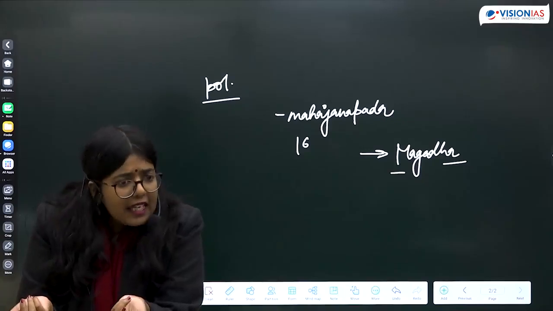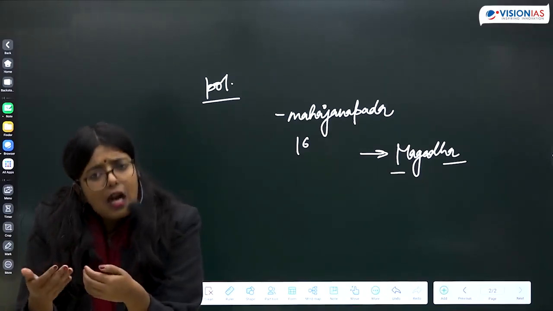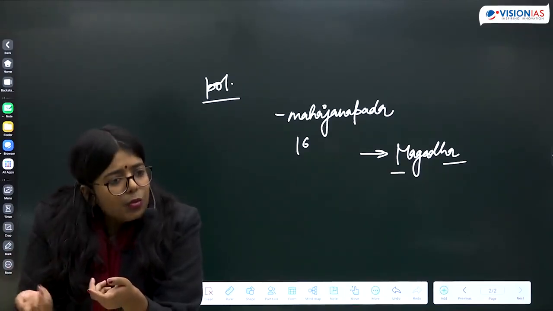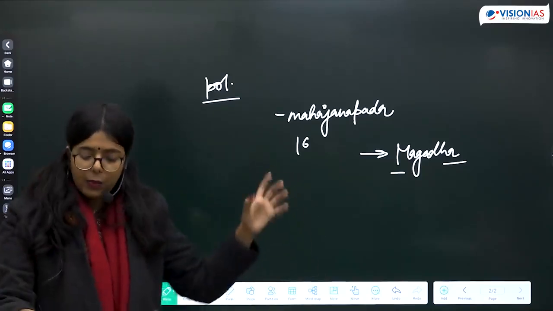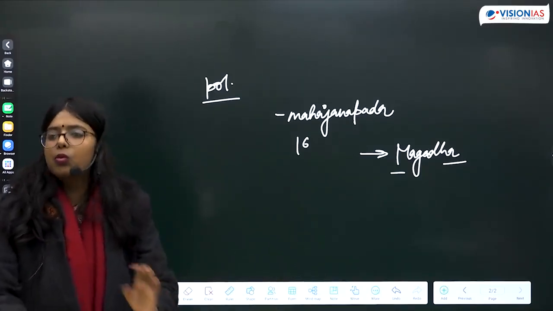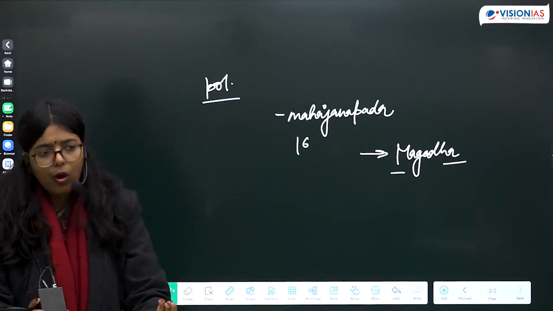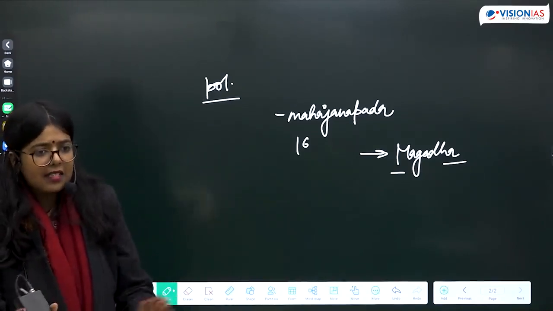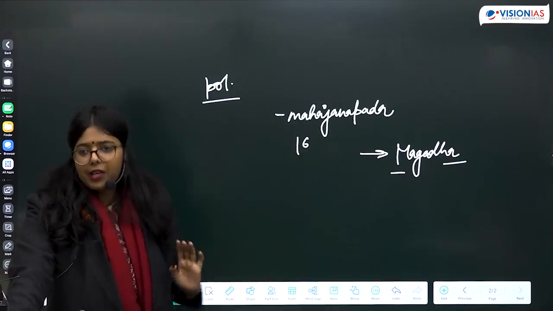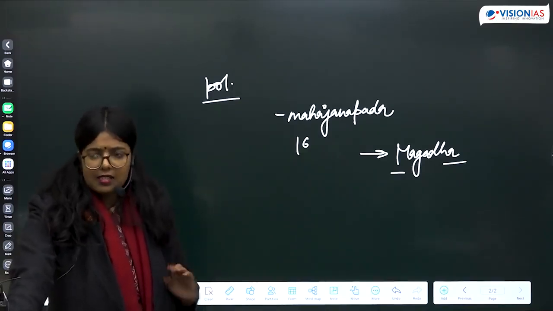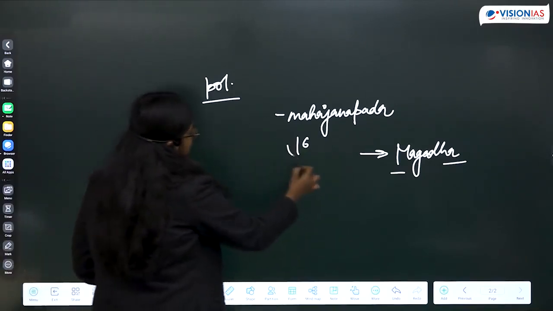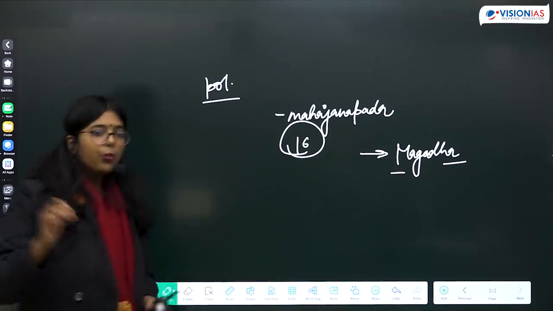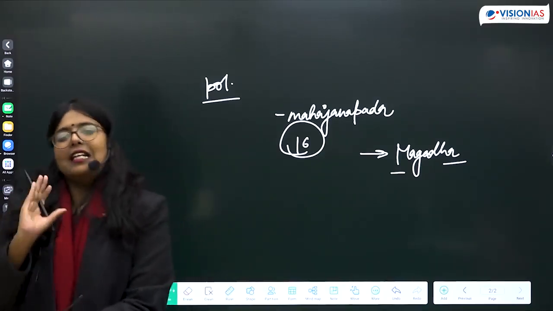People were not very happy about it, and they'll start supporting religions like Buddhism or Jainism eventually. That is a part which we'll discuss when we'll come to origin and growth of Buddhism and Jainism. That is a separate topic. Is this much clear?